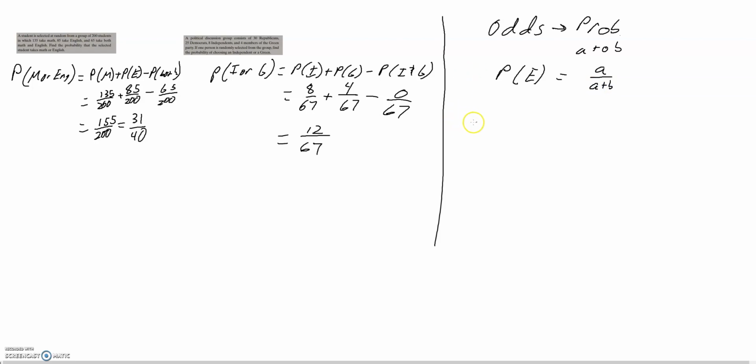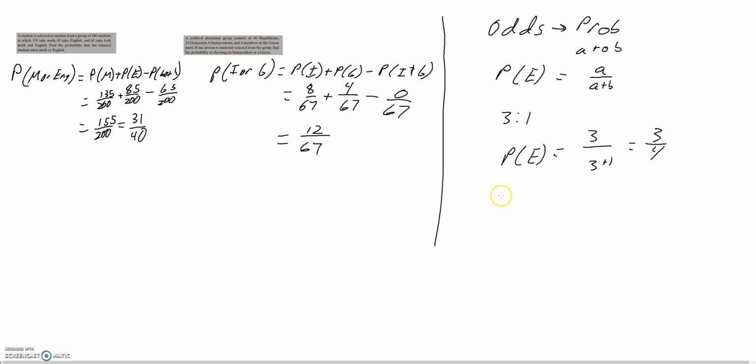So let's suppose that they give you the odds are 3 to 1. Okay? Then the probability of E is 3 over 3 plus 1. Okay? Then this is 3/4.